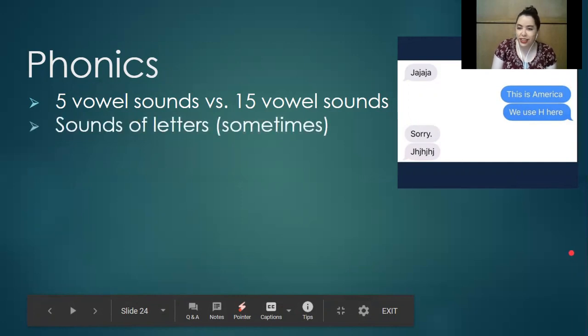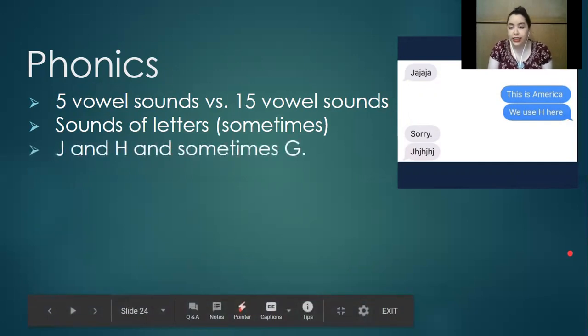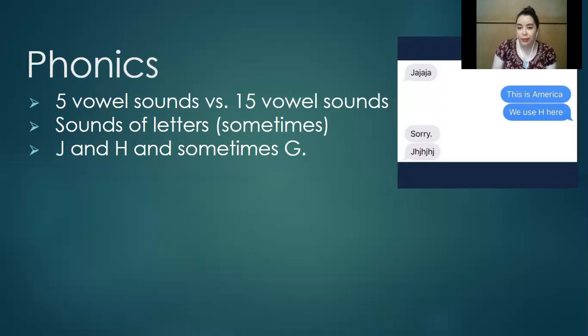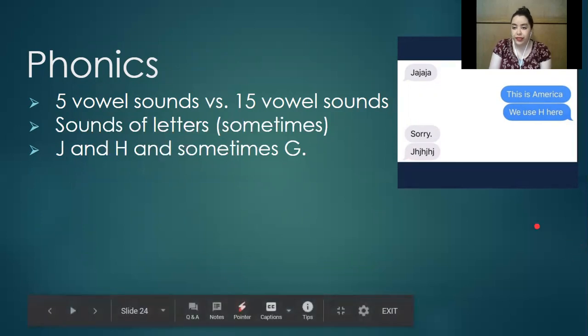So the sounds of the letters sometimes are different. Of course, we have the J in Spanish makes what we would call an H sound. So for haha, it wouldn't be H-A-H-A, it would be J-A-J-A. H is always silent, of course, and the G sometimes makes that H sound as well. And then the TH.